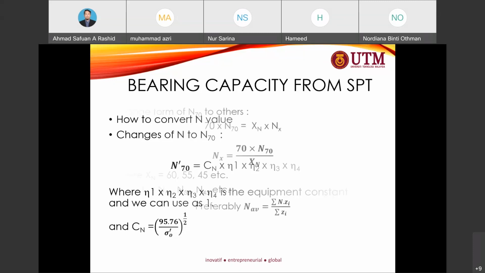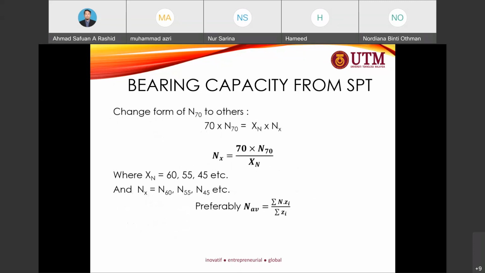So this is how we change N70 to the other corrected N values, because some standards use N60, some standards use N55, and there are also some standards using N45. So this is how we can change the N70 to the other standards.